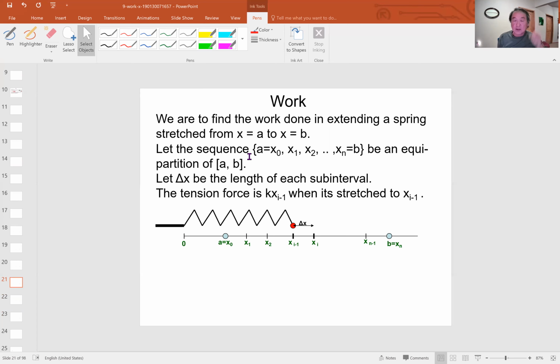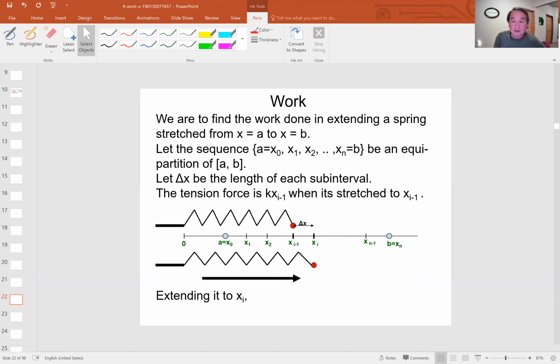At this point, the force on the spring is going to be k times x sub i minus 1. That's Hooke's law: proportional to the distance from the relaxed position, which is x sub i minus 1. Now I want to move it by a distance of delta x to the next point, so we multiply by the distance delta x.